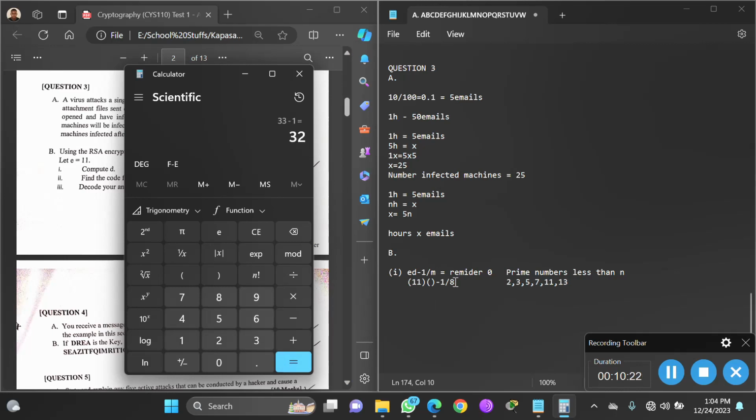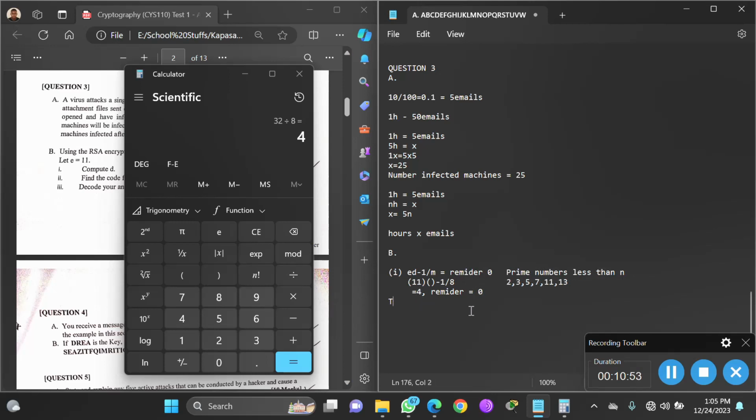Lastly we divide by 8, which is m, and we get 4. It's a whole number, meaning the remainder is 0. So basically our d is 4.